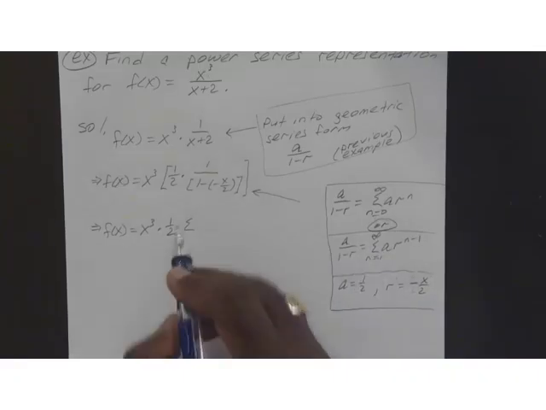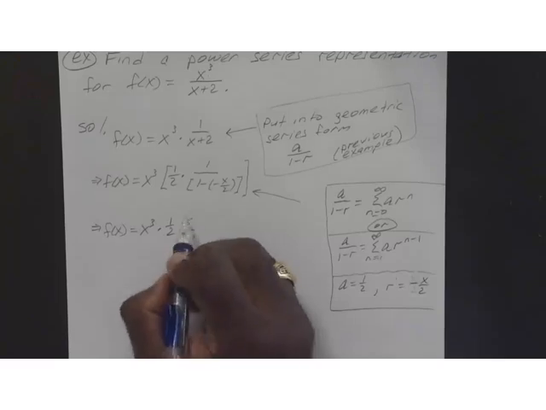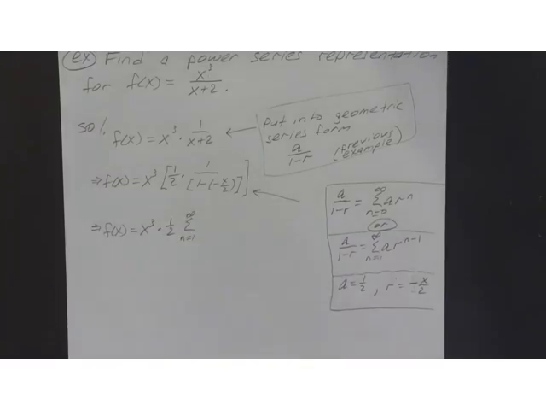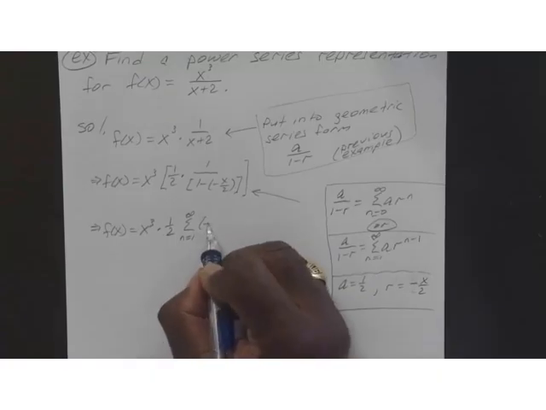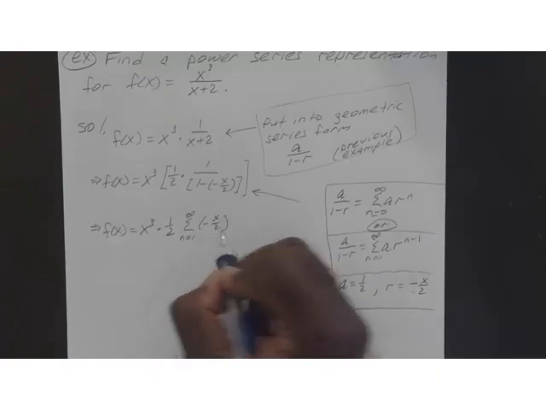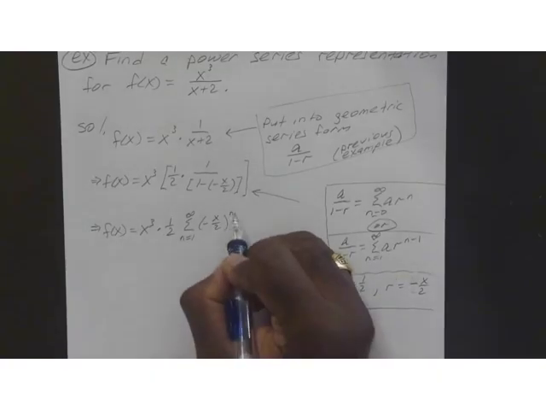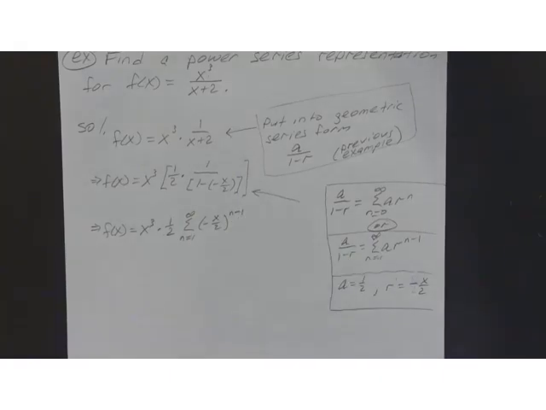It doesn't matter which one you use, but we'll use from n equals 1 to infinity of your a, which is your 1/2, that's why we just factored it out to the front, times your r, which is negative x divided by 2 to the power of n minus 1.